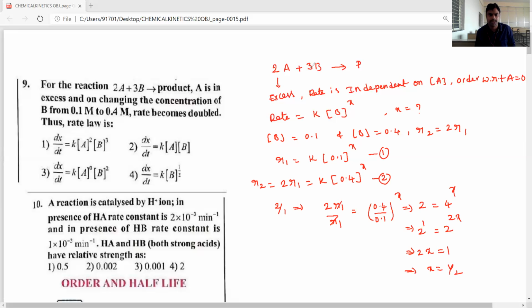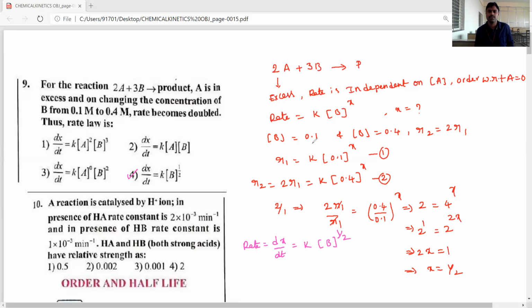Now, what is the rate expression? The rate, dx by dt, the change in concentration with respect to time, is equal to k into concentration of B whole to the power of 1 by 2. See, the fourth option is correct. Okay, clear?